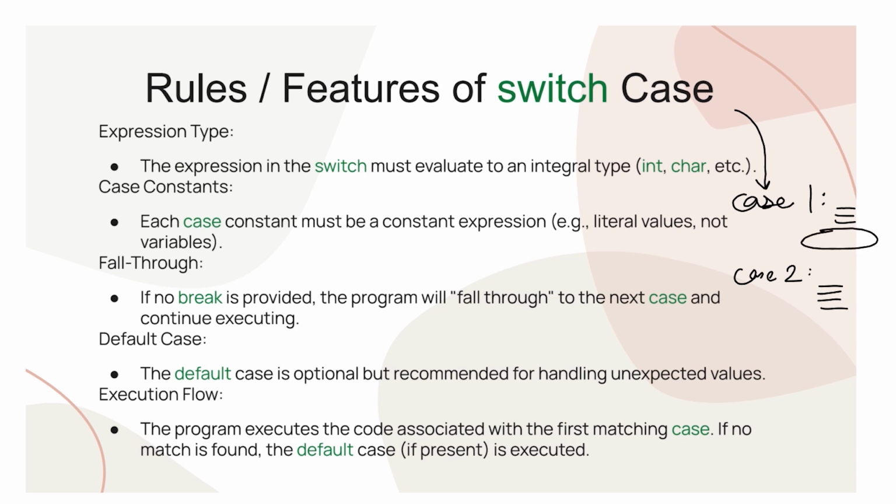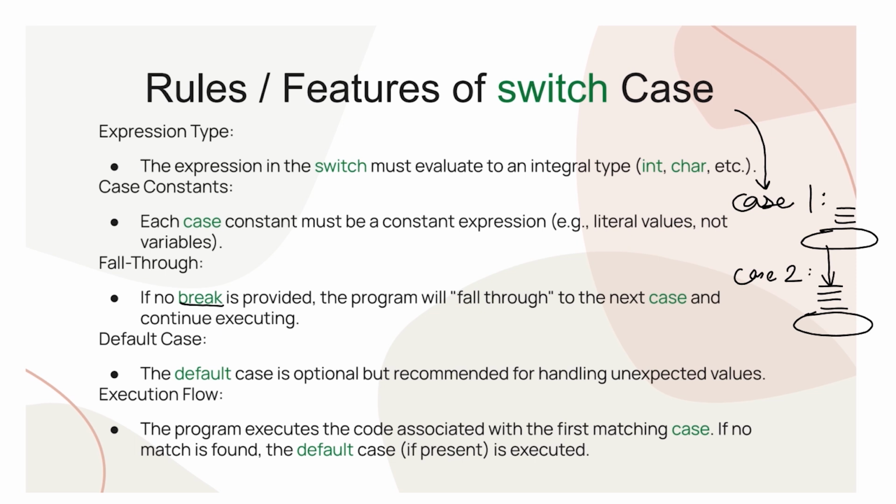So it will not jump out of the switch case. It will continue with the next case until it finds the next break. So it may keep on continuing for case 3, case 4 and so on until the break is found by the control. So it is important to write the break keyword for a respective case so the switch case works efficiently.